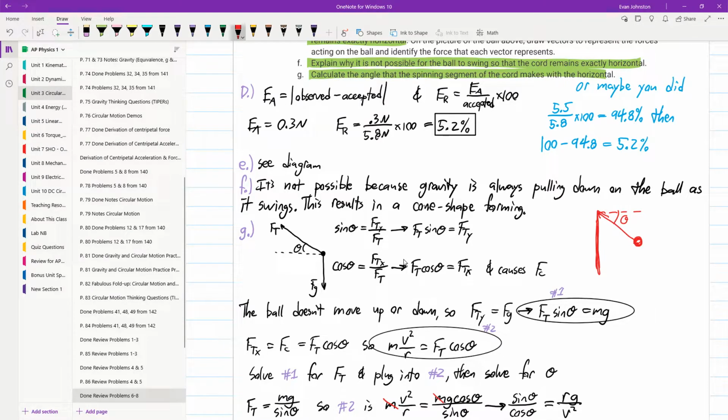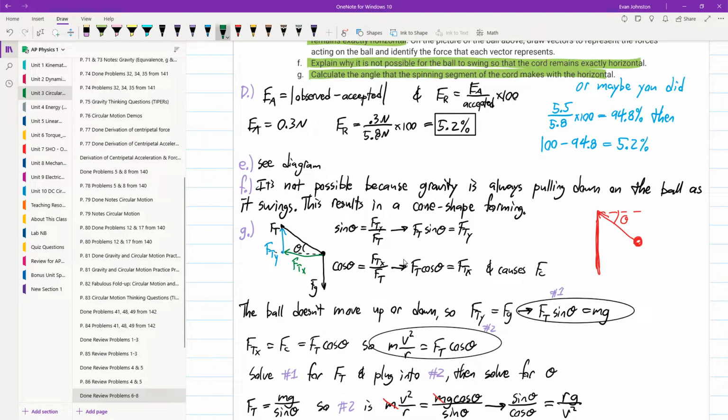All we have to do, though, if we want to calculate the angle, is know that there is some force tension. And looking at my version, my tension here is going to have, let's use blue and green, a y component of tension and an x component of tension.